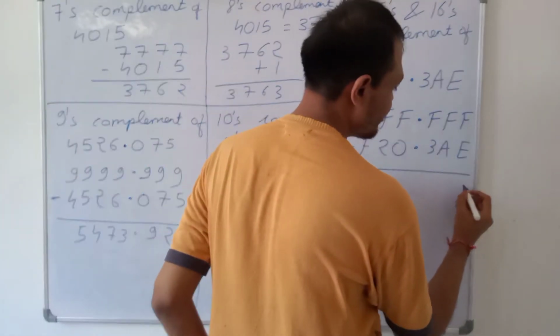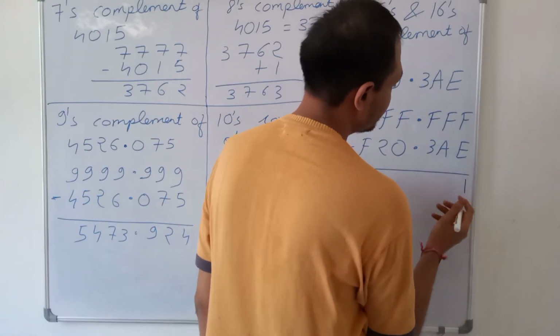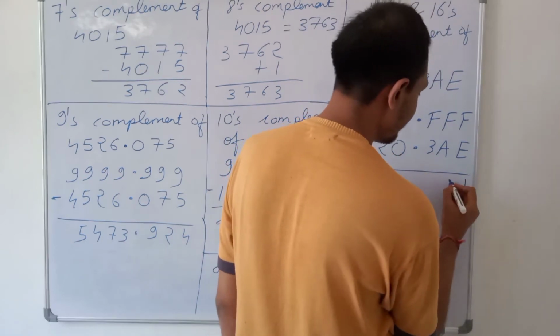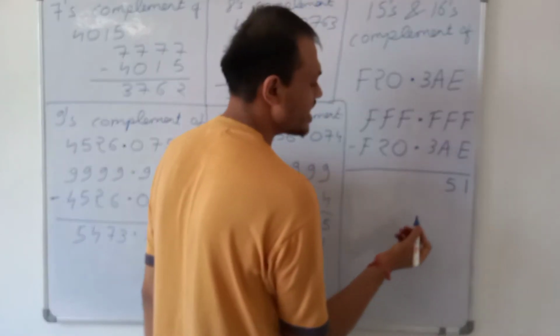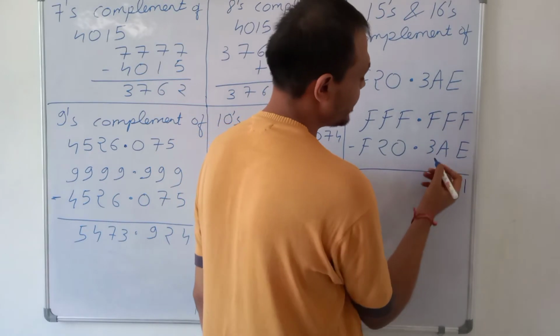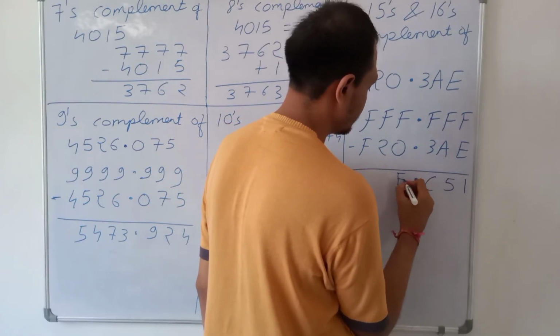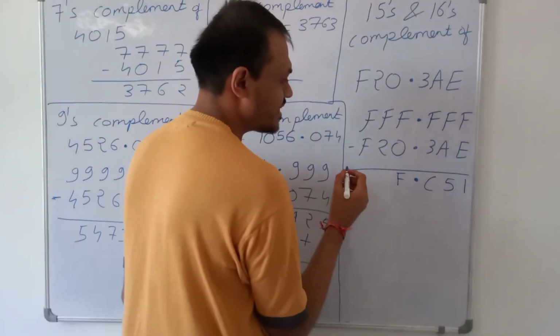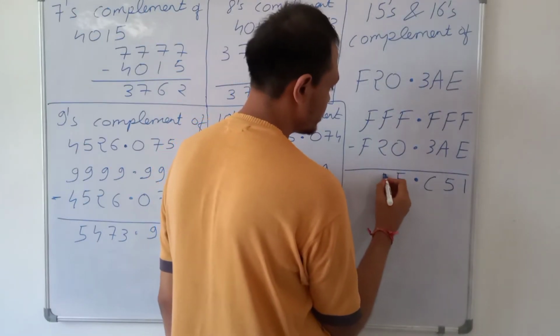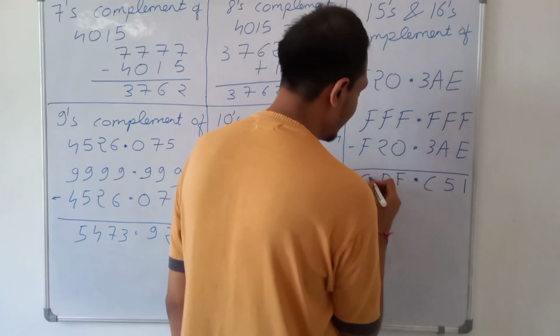F from E we get 1. F from A we get 5. F from 3 we get C. F from 2 we get D, and F minus F we get 0.